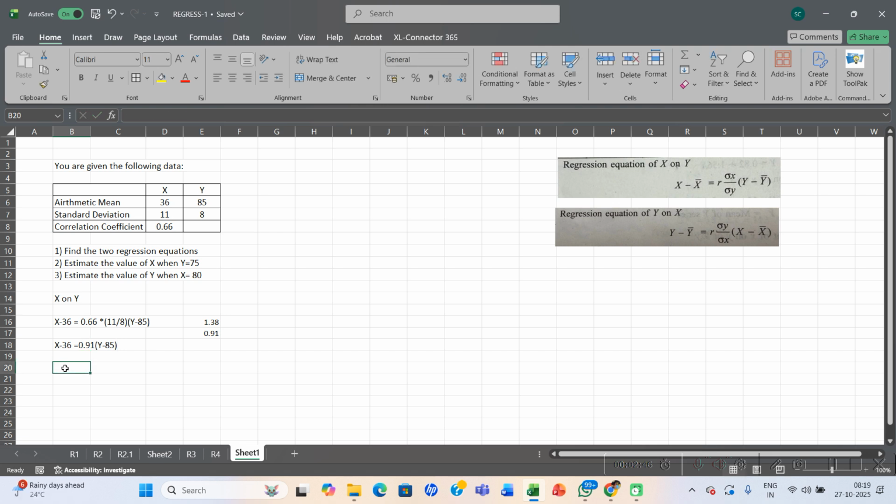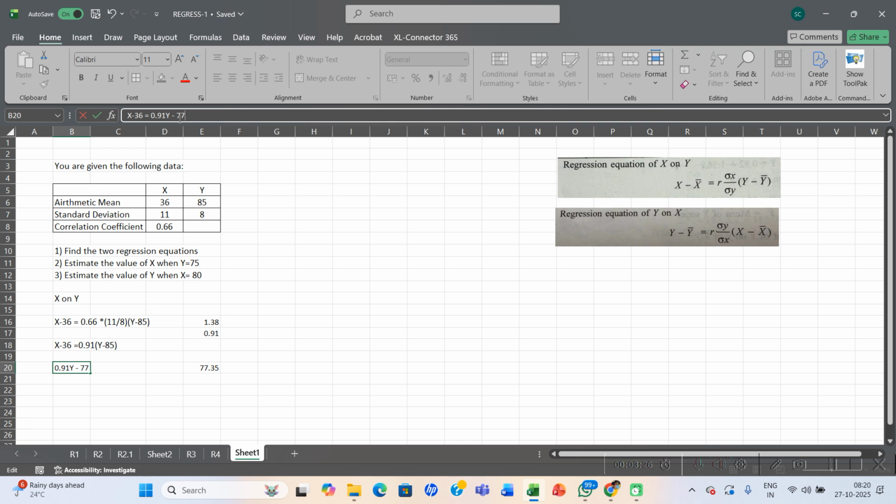So it will be x minus 36 equal to 0.91y minus, and let us calculate this component: 0.91 multiplied by 85 is coming to be 77.35.